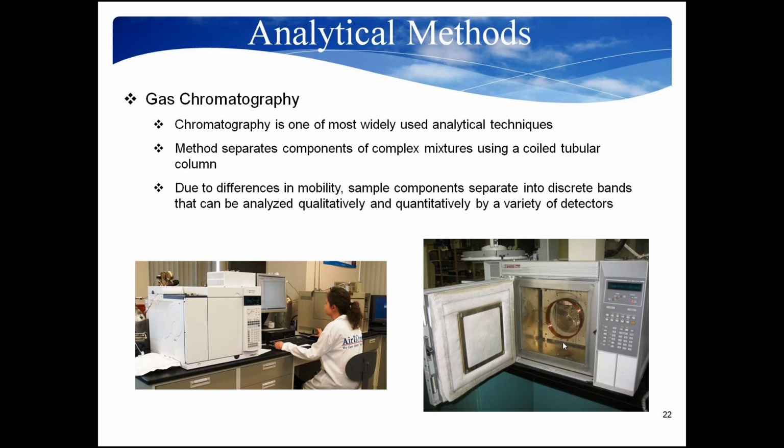So due to differences in mobility, sample components separate into discrete bands that can be analyzed qualitatively and quantitatively by a variety of detectors. So the GC with its column, and that's within an oven, those are doing the separation, and then you have a detector to detect the individual compounds or ions that are coming out of that column.